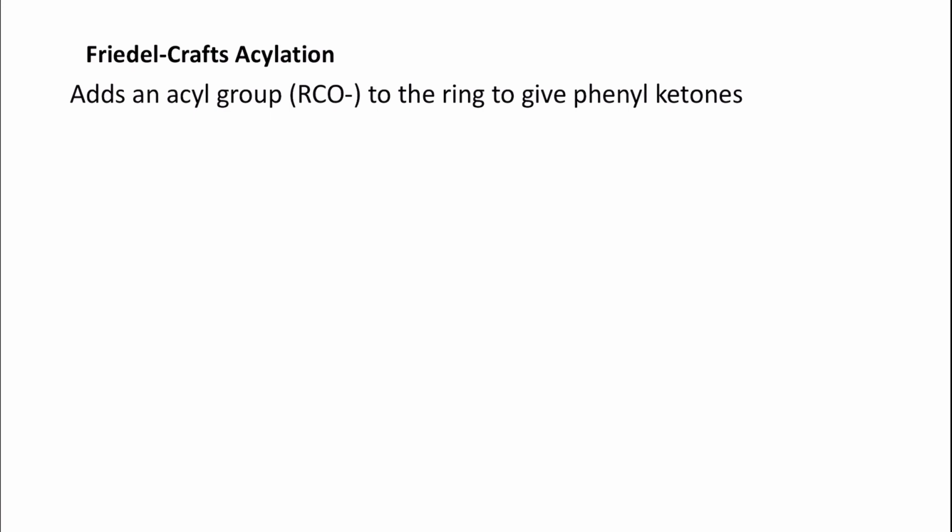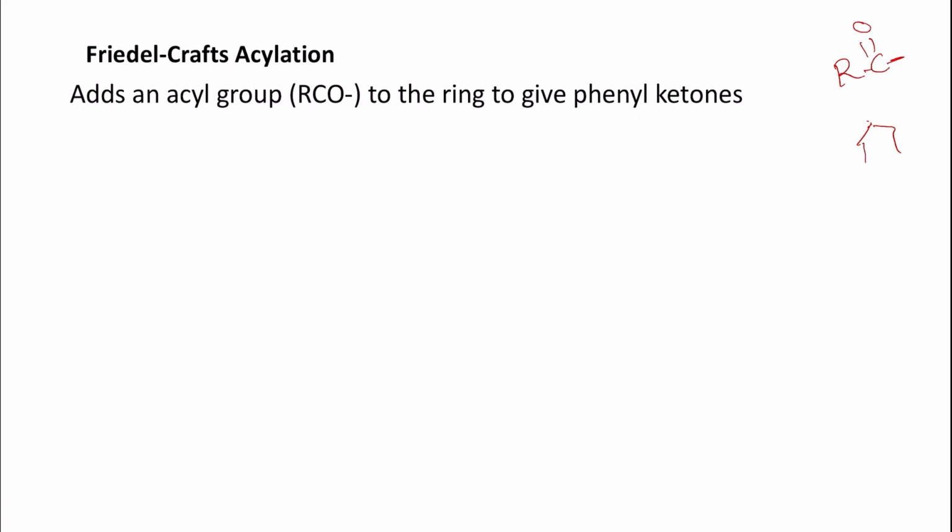So the first electrophilic substitution reaction is called the Friedel-Crafts acylation. In Friedel-Crafts acylation, an acyl group is added to the ring of the benzene to form a phenyl ketone. The acyl group is the group that has a carbon with a double bond to O, and this is added to the benzene ring.